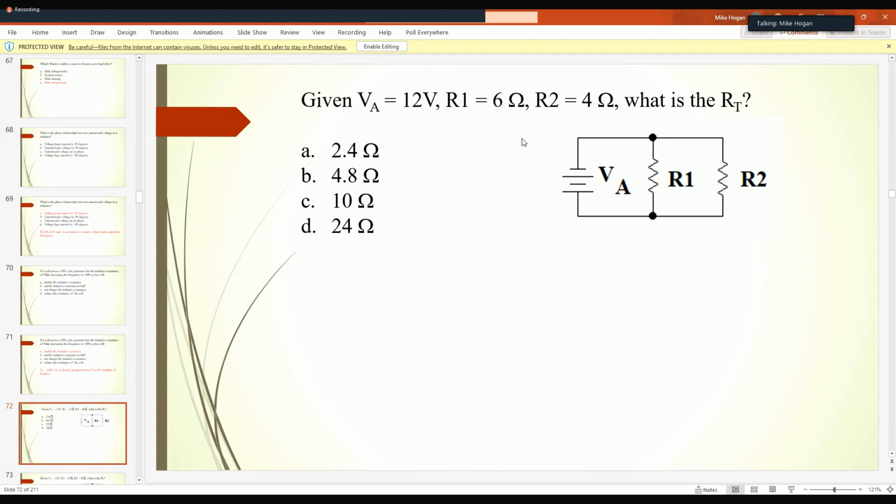Divide that by the sum, which is 10. 24 divided by 10 gives me 2.4. If you get a question with resistors in parallel, always take a look at the smallest and know that when you finish your math, it should be smaller than the smallest. Since you know that rule of thumb, go ahead and take a look at the answers, because if there's only one smaller than the smallest, you can check that answer and move on.